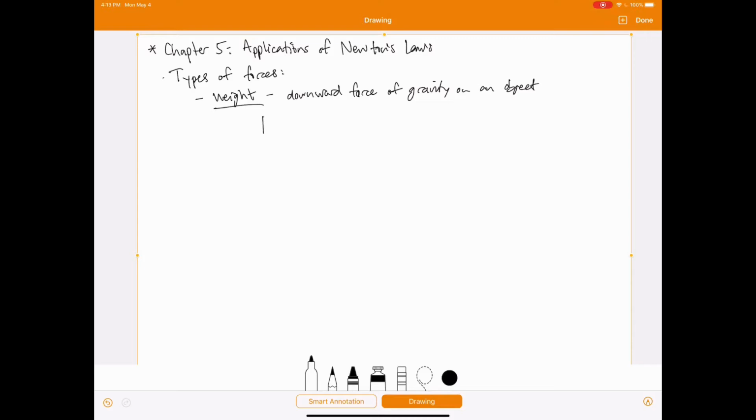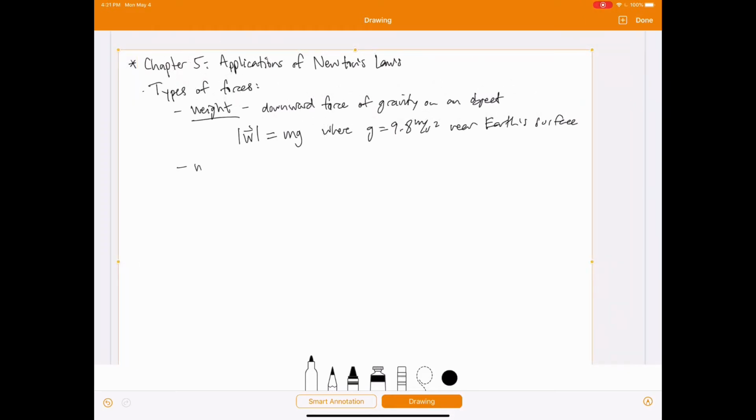The weight, vector W, has a magnitude equal to m times g, where g is equal to 9.8 meters per second squared near Earth's surface. g can take on other values in other contexts, but weight is given by mg, and it's a downward force.